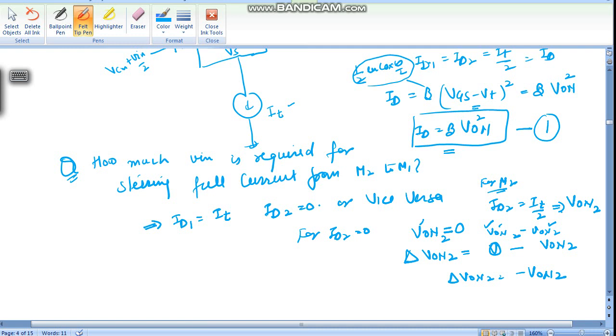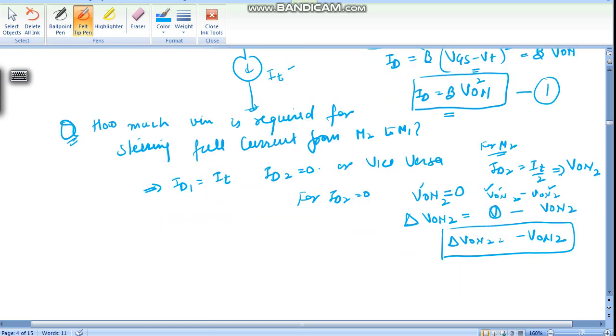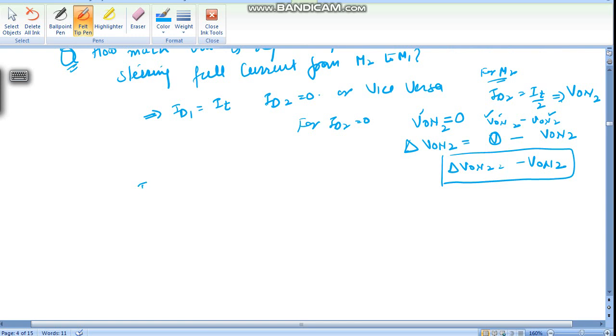So this is the change required in V on 2. Now ID1 is changed from, say, ID to 2ID, because initially it is IT by 2, now it is IT. So drain current increased by 2 times.